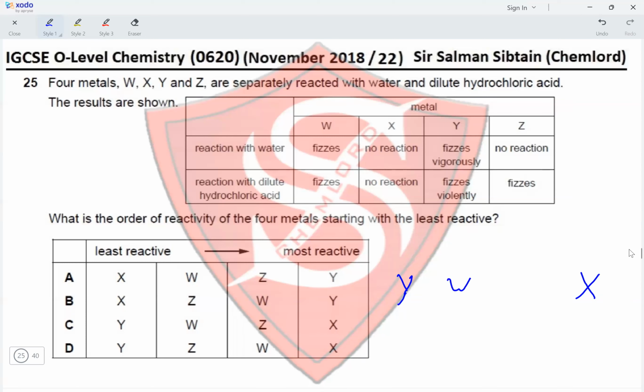So W comes after Y and Z comes after W. So the most reactive element is Y, followed by W, followed by Z, followed by X. The question asks, what is the order of reactivity of the four metals starting with the least reactive? The least reactive element is X. Then the one more reactive than X is Z. Then followed by W and followed by Y, making option B the correct option for this question.